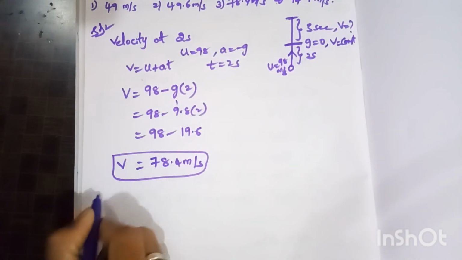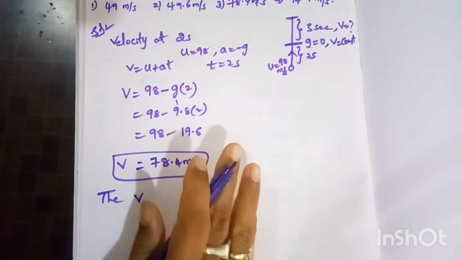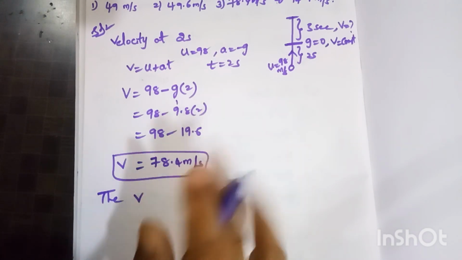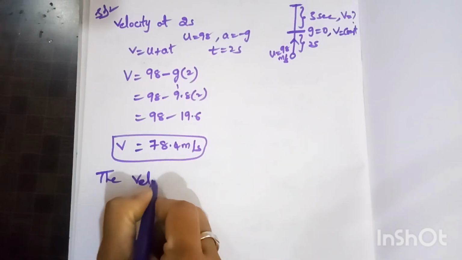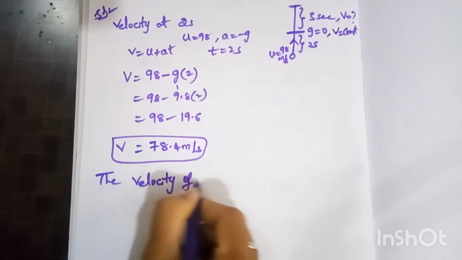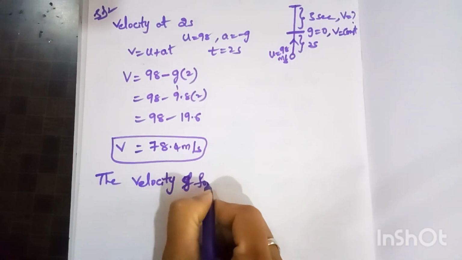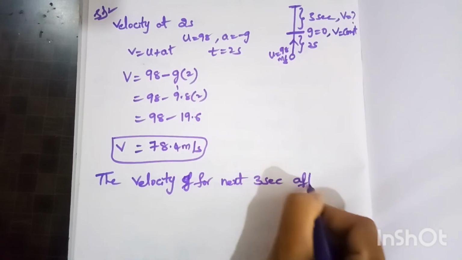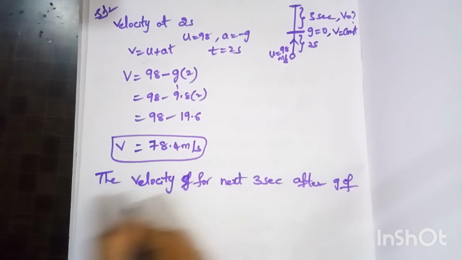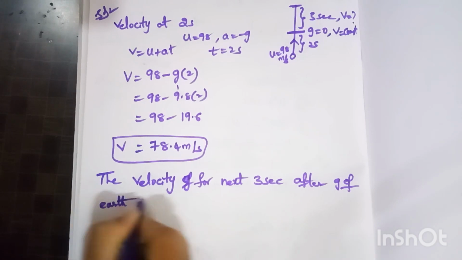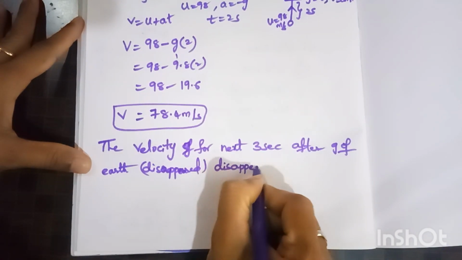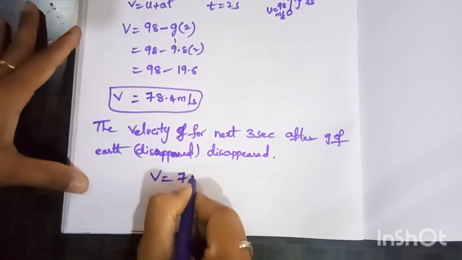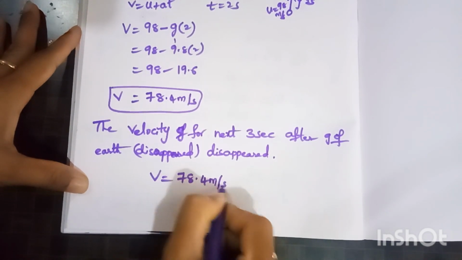Now we are going to find the velocity for the next 3 seconds after g of earth disappeared. So v equals 78.4 meter per second.